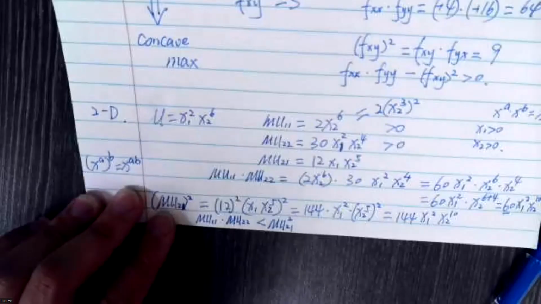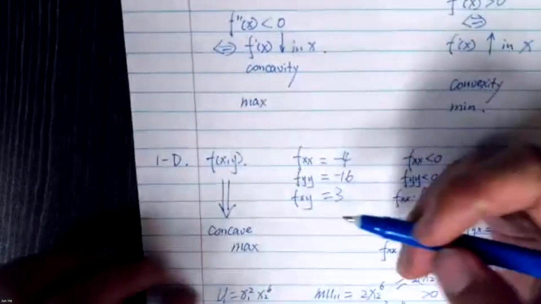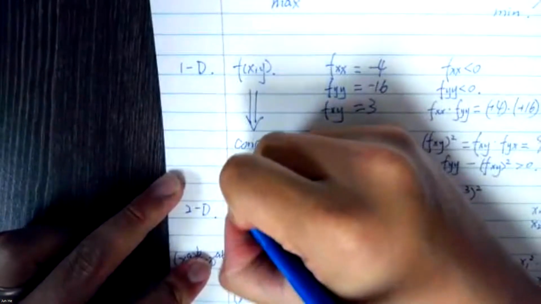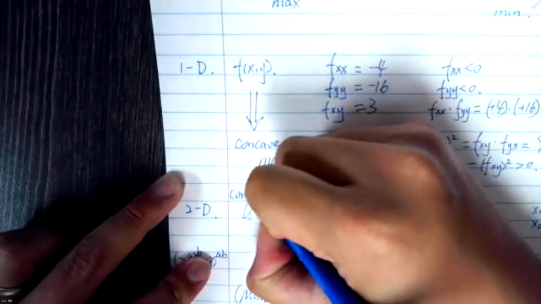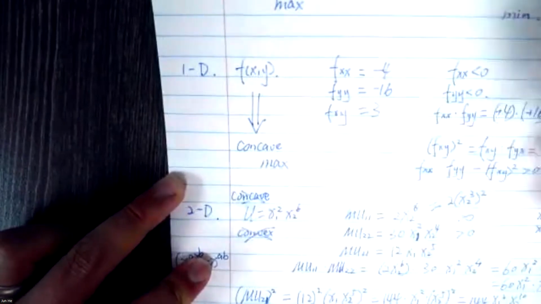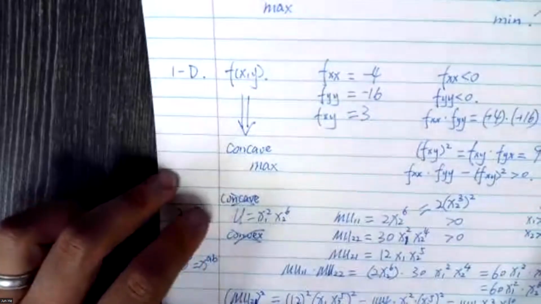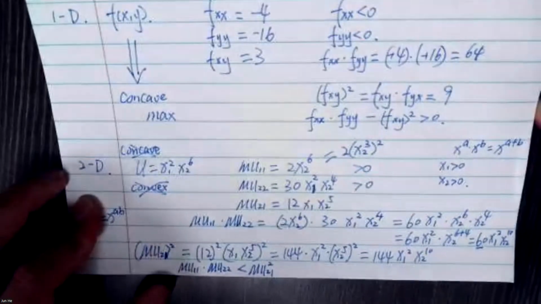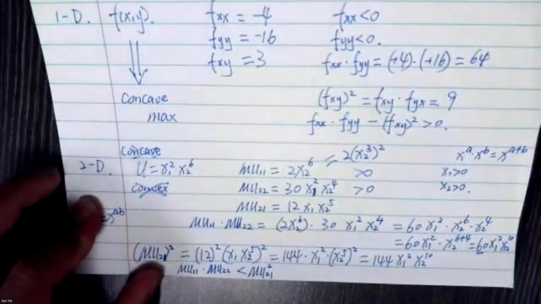Therefore, this utility function is not concave nor convex. And there is no maximum nor minimum for this case. So here is the result. Thank you.